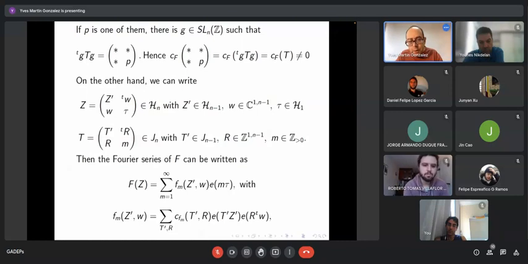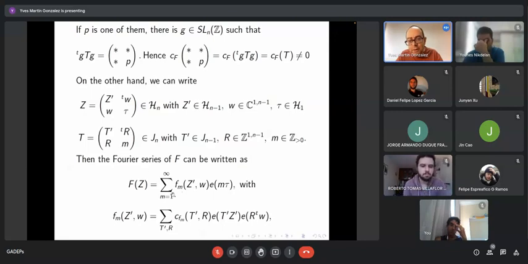Therefore, the argument before says that this Fourier coefficient, which is non-zero, is indexed by a matrix with lower right entry p, which means that instead of m, you have a p, and the Fourier coefficient indexed by that is non-zero.